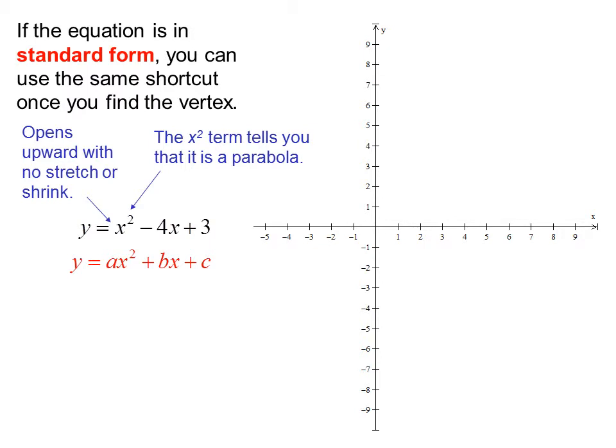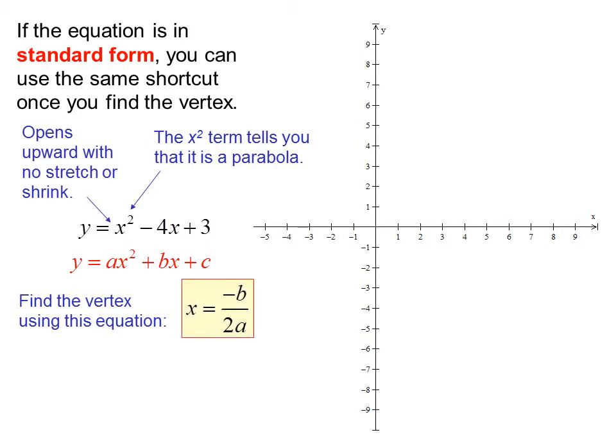Standard form is y equals ax squared plus bx plus c. We find the vertex using this equation, x equals negative b over 2a. In this case, x equals negative 4 over 2 times 1, which gives us 4 divided by 2, or 2.